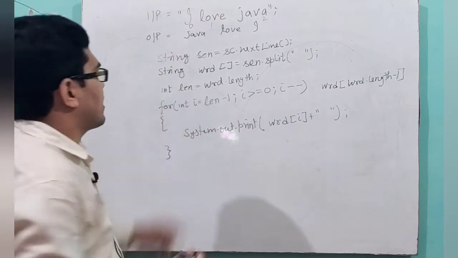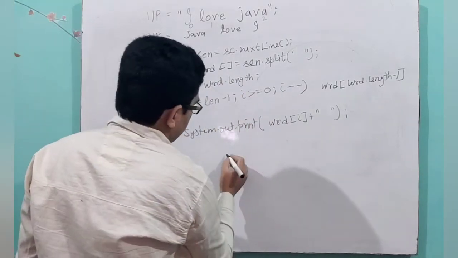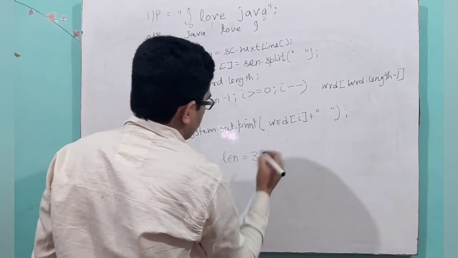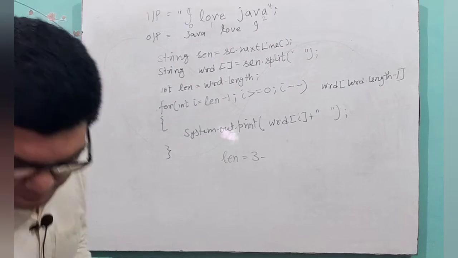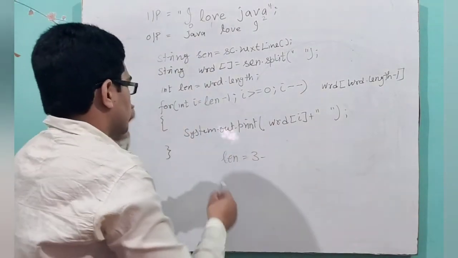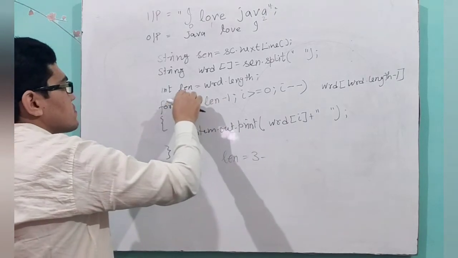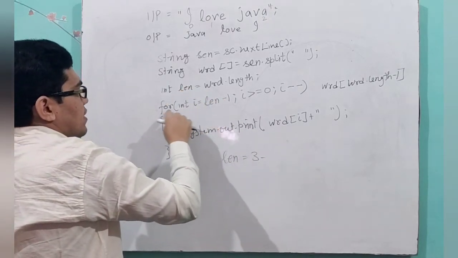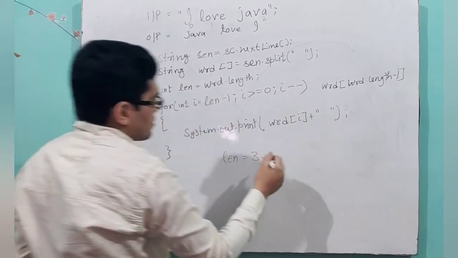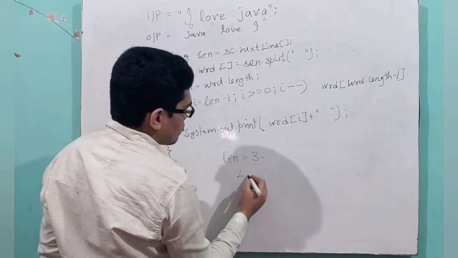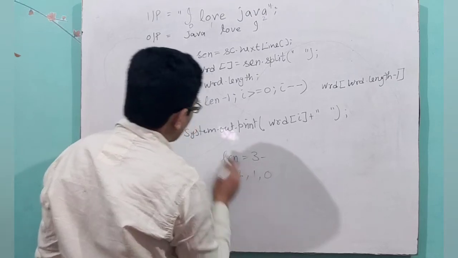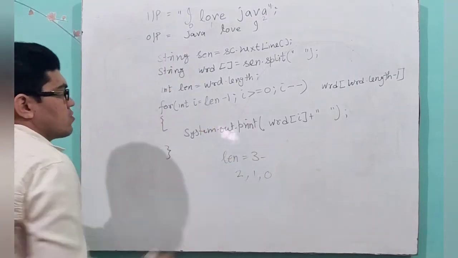So in len the value stored in this case is 3. Now I run a loop from length minus 1. Length minus 1 means 2. This loop will run for 2, 1 and 0.